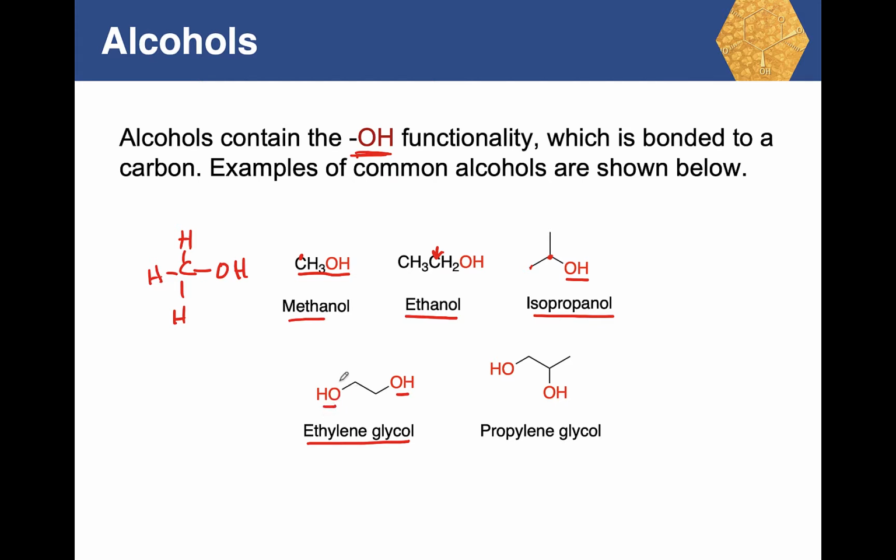Ethylene glycol, of course, as most of you know, is the main ingredient in antifreeze. And another important compound is propylene glycol, which is also a diol, 2 alcohols. So these are examples of alcohols, and they can be identified by the OH functionality.